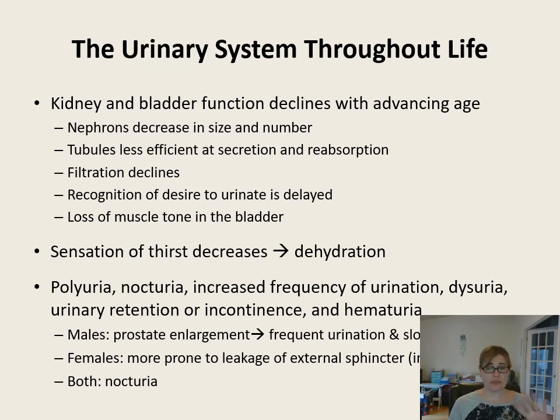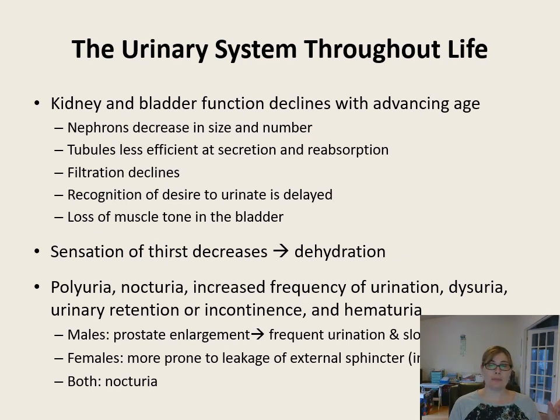And then we have all of these words that can happen as you get older. So let's look at those word parts. We have polyuria, it can happen based on certain conditions. So polyuria, excessive urinating. Nocturia is urinating at night. Increased frequency of urination.